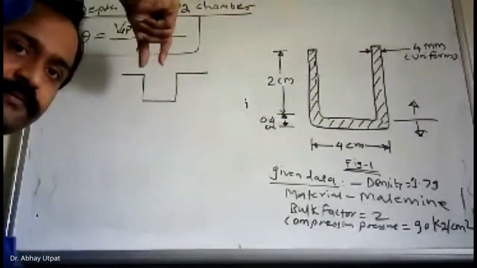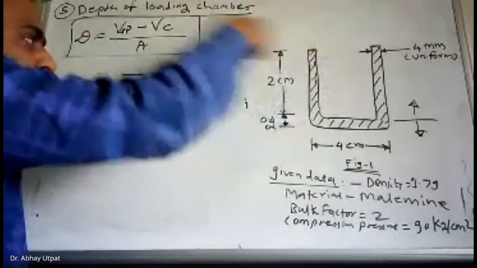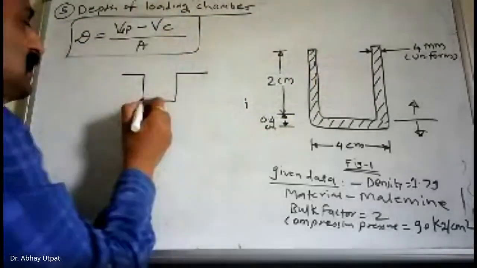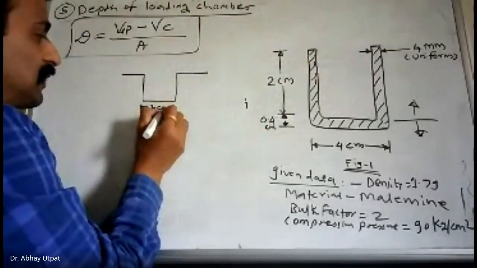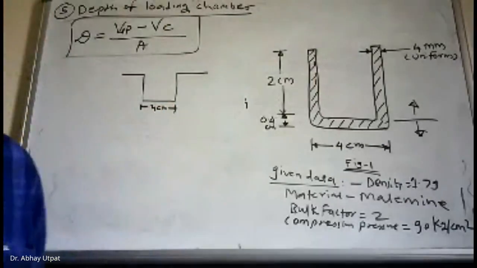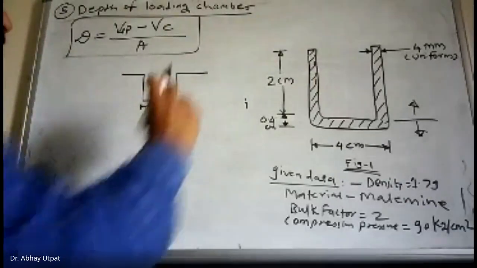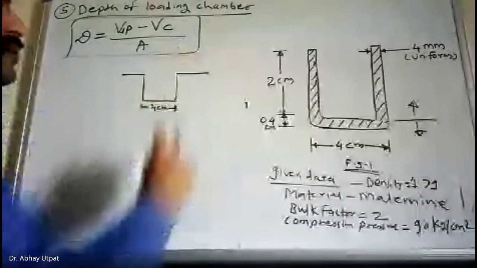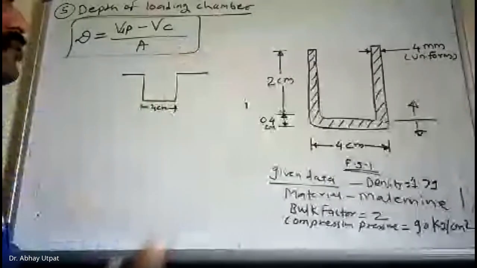This will be 4 centimeter. Okay. And tell me what is this? Who will tell me what this distance is? This is the cavity in which your component will fit. This I have shown as 4 centimeter. Tell me what is this?